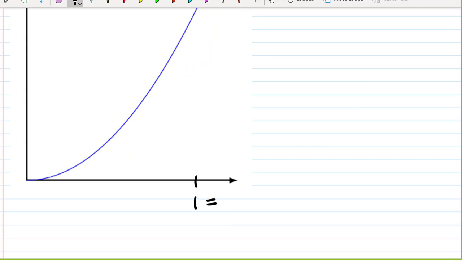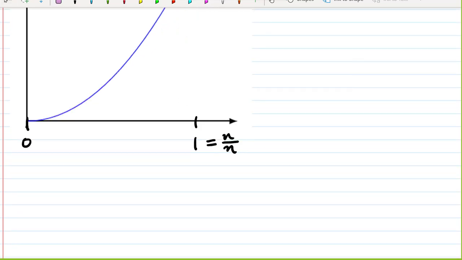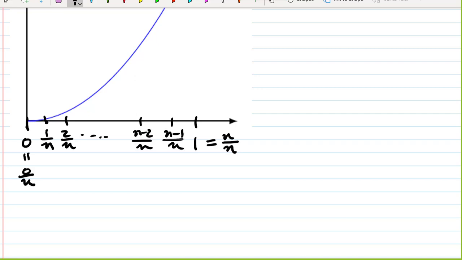We want to go all the way to 1, and I'm going to write 1 as n divided by n. We're going to start at 0, which is going to be 0 over n. And then we're going to subdivide this into n equal parts. So that's going to be 1 over n, 2 over n, dot, dot, dot, till I get out here, n minus 2 over n, n minus 1 over n, and then finally n over n gives us 1.